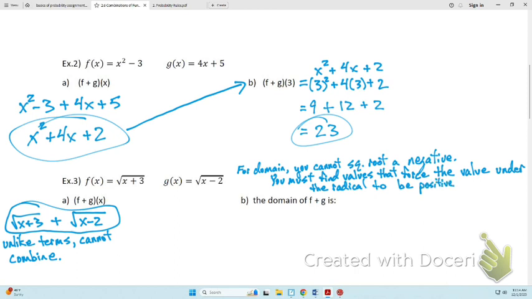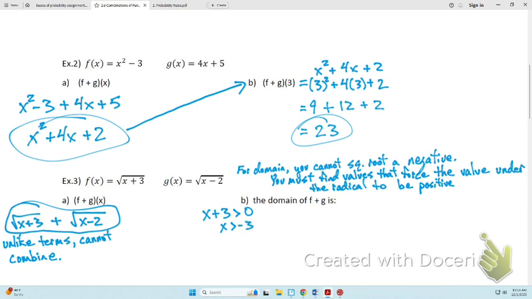And that's a little tricky to do because it has to work for both radicals in this case. So start with one of those values under the radical, and that's x plus 3. And to force it positive, you say greater than 0. Solve for x. You subtract 3 from both sides, and you get that.